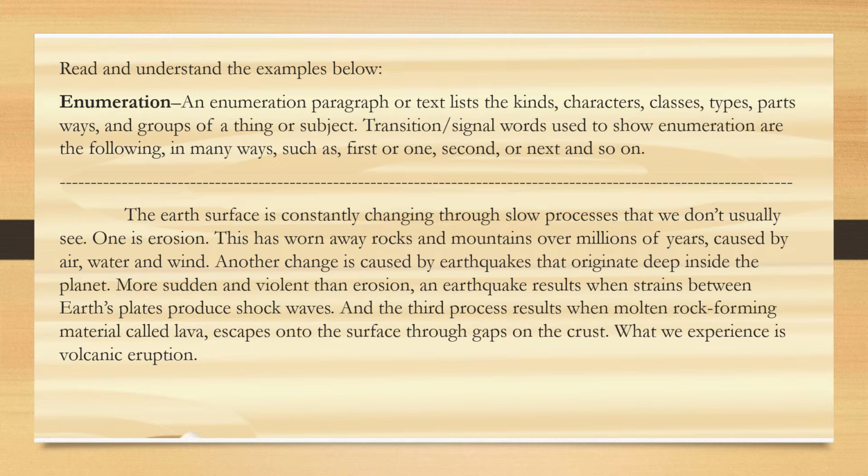More sudden and violent than erosion, an earthquake results when strains between Earth's plates produce shock waves. And the third process results when molten rock-forming material, called lava, escapes onto the surface through gaps on the crust. What we experience is volcanic eruption.